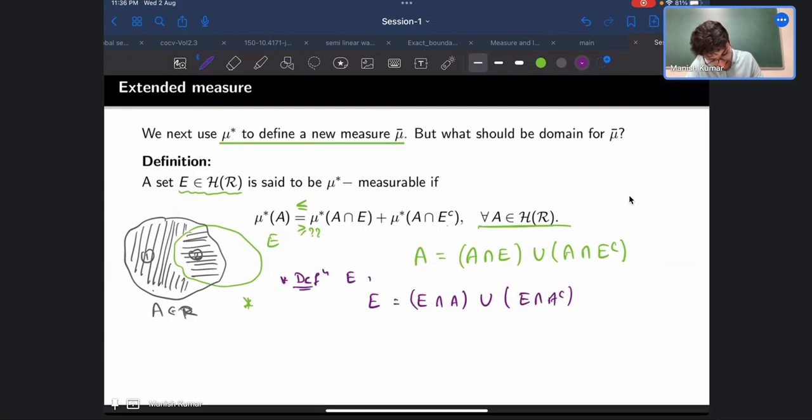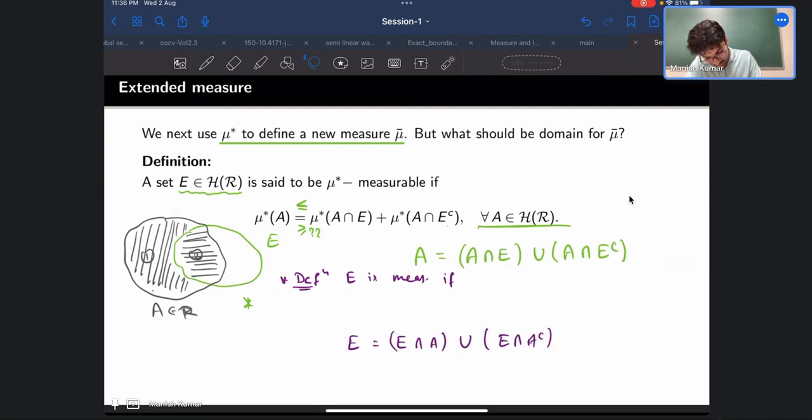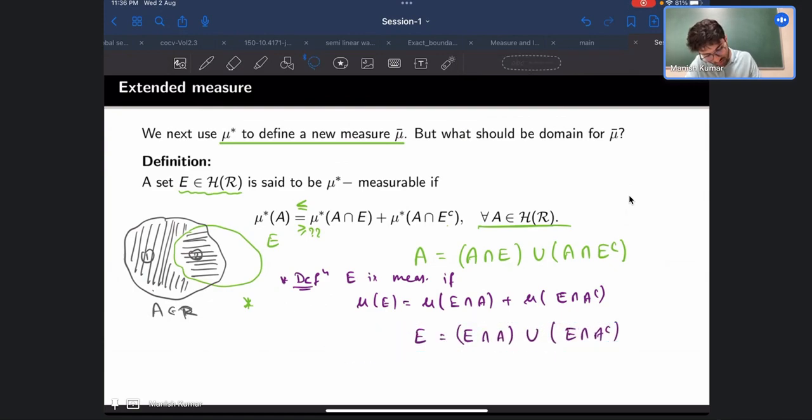So E is measurable if mu of E is equal to mu of E intersection A plus mu of E intersection A complement, right? By looking at it, it seems that this should also be satisfied. This definition is very natural, and in the same sense, the earlier one also looks very natural.